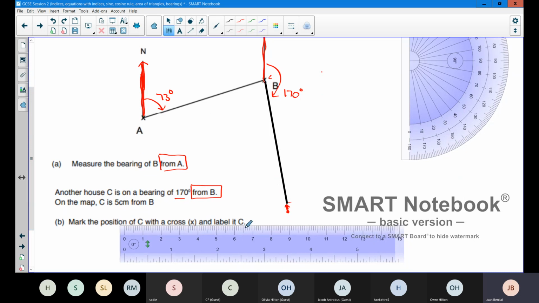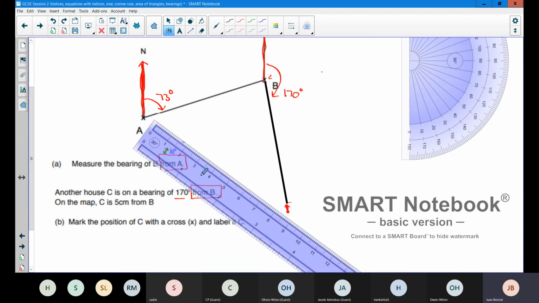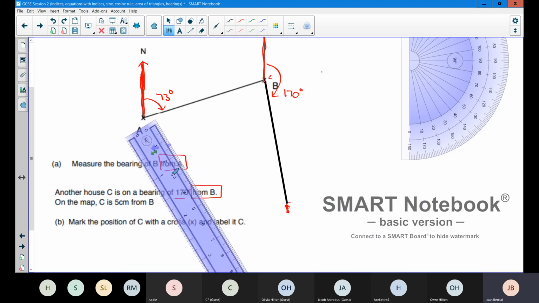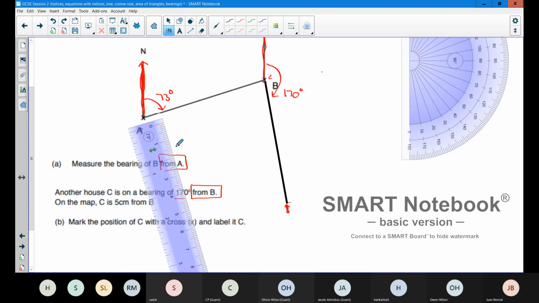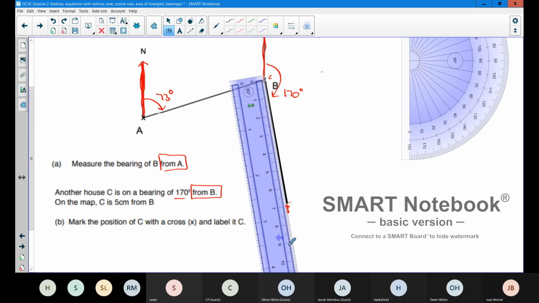So we're going to measure 5 centimeters. So from there, 5 centimeters is there.